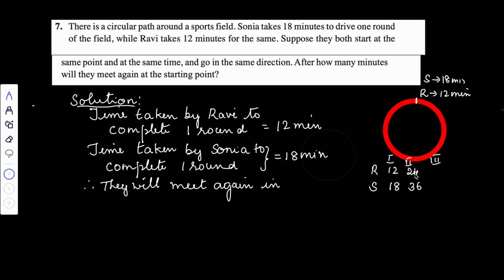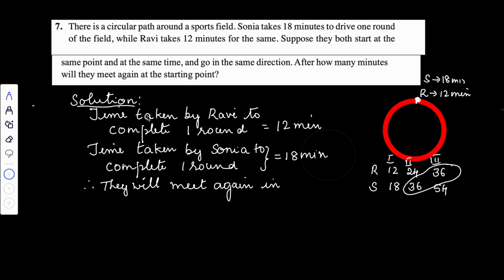Third round, Ravi will complete in 36 minutes and Sonia in 54 minutes. So what we can understand here is that in 36 minutes they will be together again at the starting point. And this is the LCM of these two numbers.